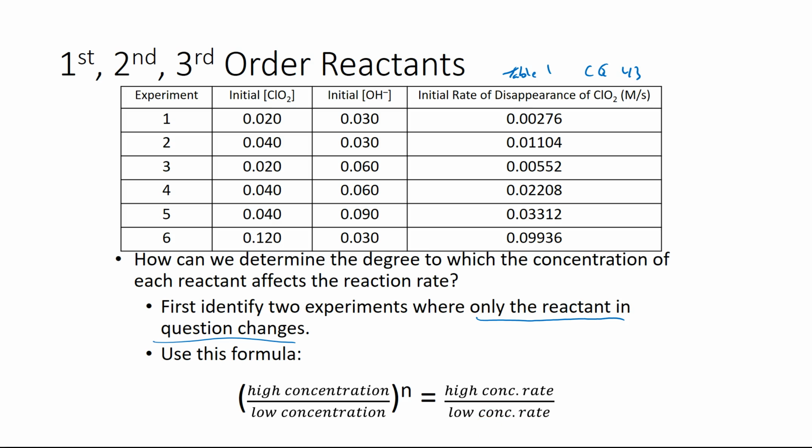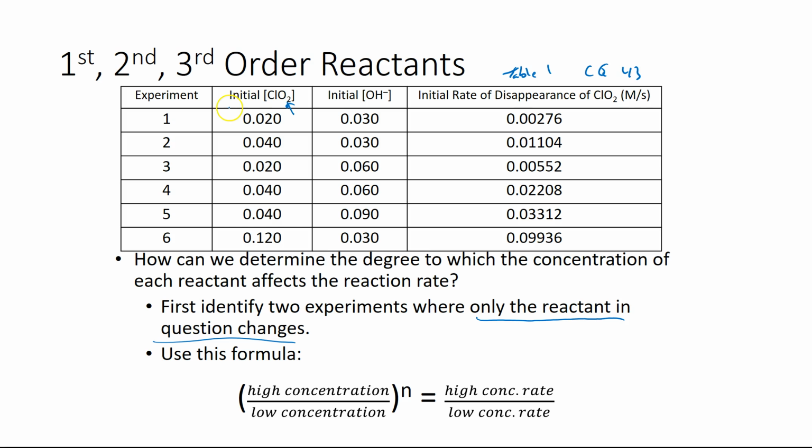For example, if I wanted to know the order of the reactant with respect to chlorine dioxide, I would pick 2 experiments to compare, in which only the concentration of the chlorine dioxide changes.